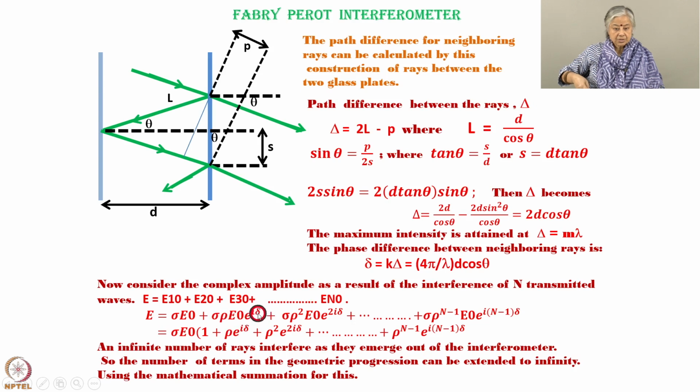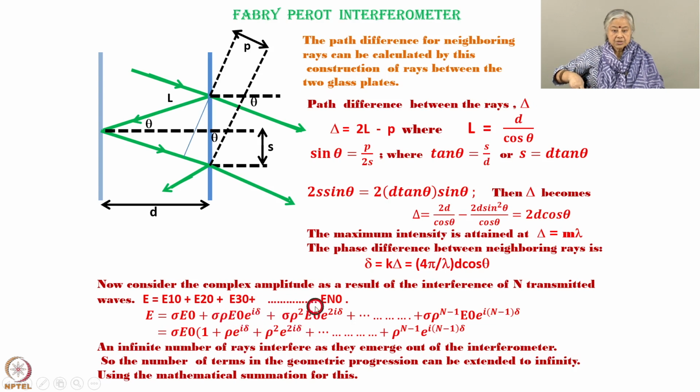Here I have put in i delta because it is a wave, and any wave can be written either in terms of sine, cos, or sine and cos together, or in brief in terms of a complex exponential term. And this contains the phase part of the wave, and these are of course the amplitudes.